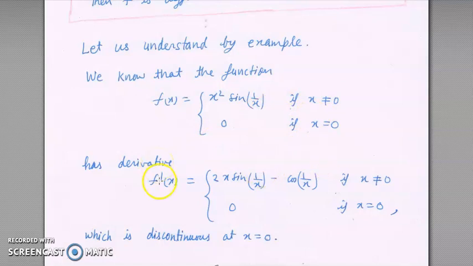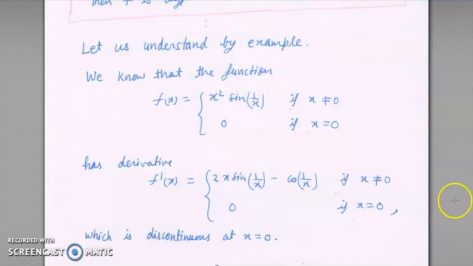If you take the derivative of this function, f dash x will be 2x sin 1 by x minus cos 1 by x if x is not equal to 0, and 0 if x is equal to 0. Now note one thing, that this function f dash x is not continuous at the point 0.